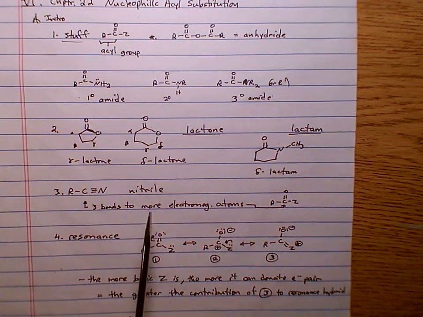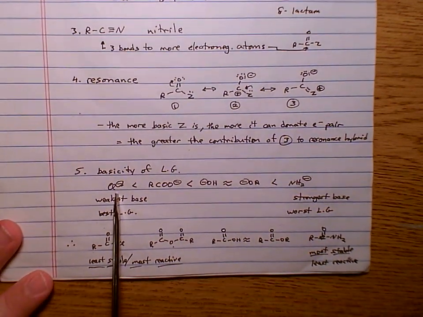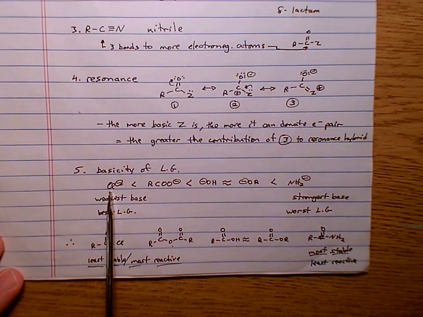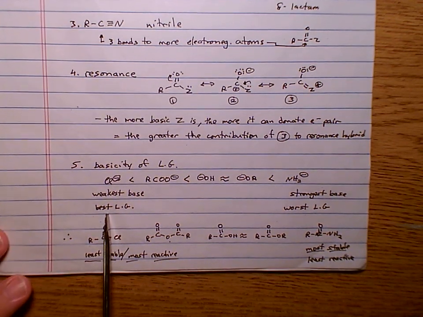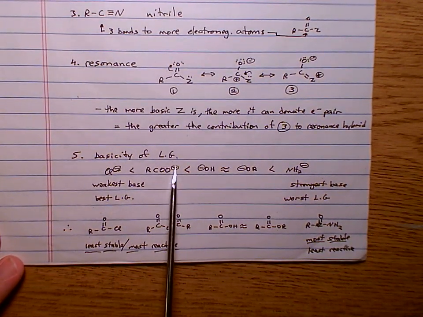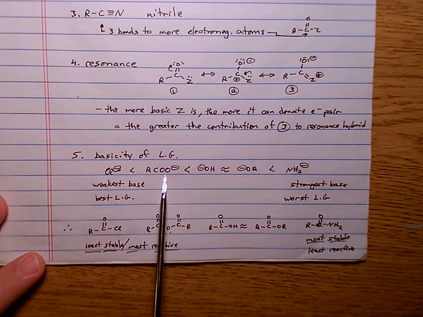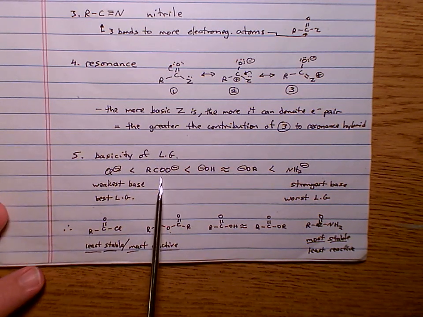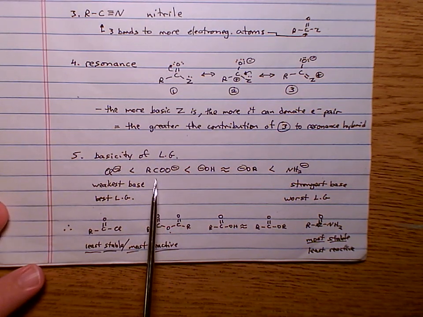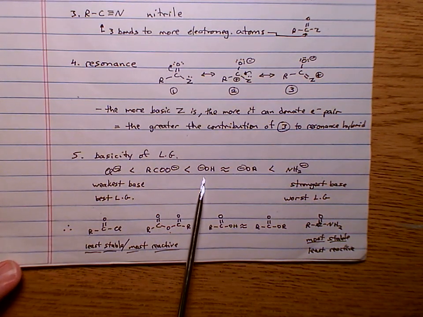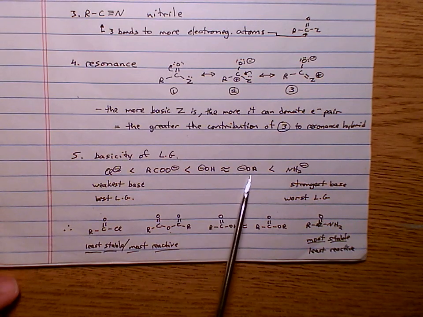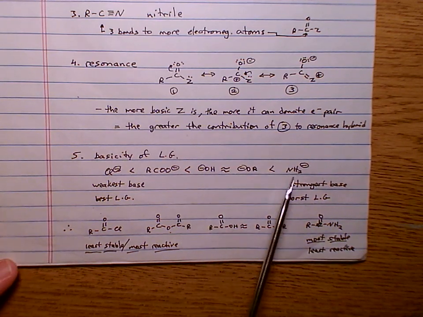So if you had an acid chloride, chloride is a very weak base. Makes it a very good leaving group. The anhydride here is the next weakest base. It is a decent leaving group. Hydroxide we know is a poor leaving group, strong base. Alkoxide is about the same, poor leaving group, strong base.